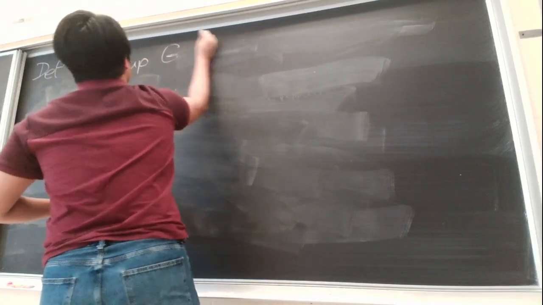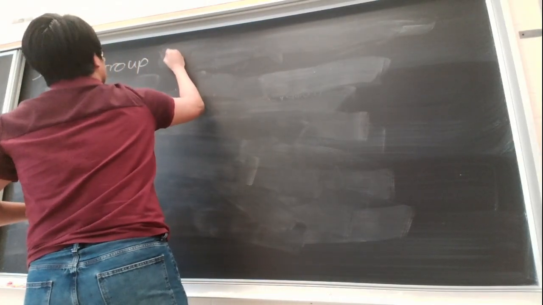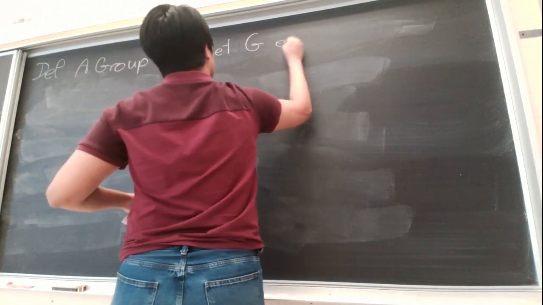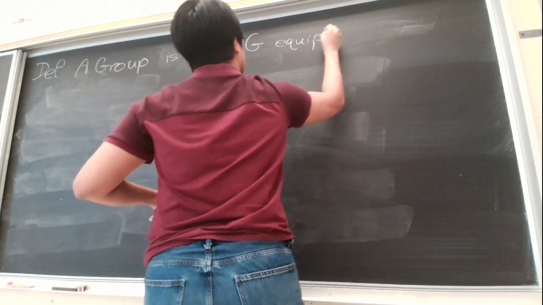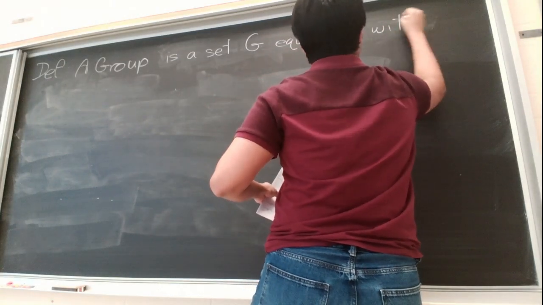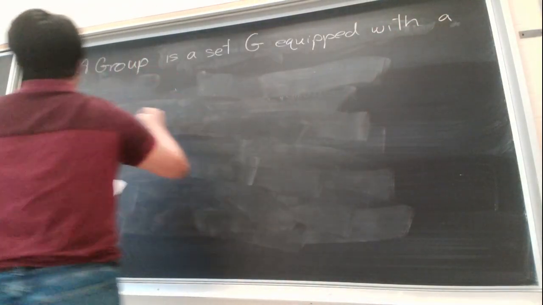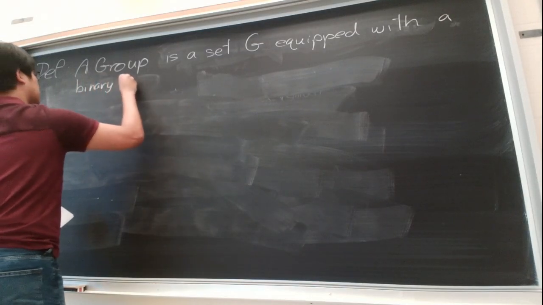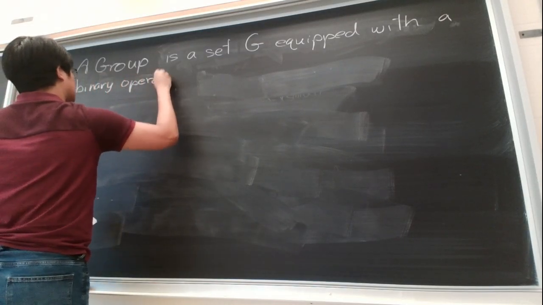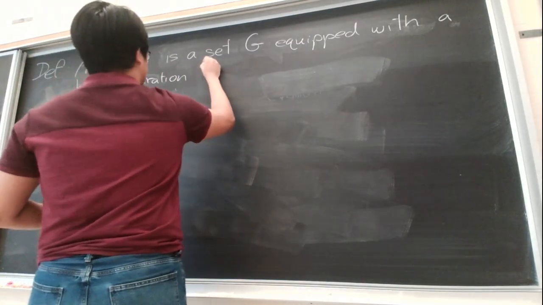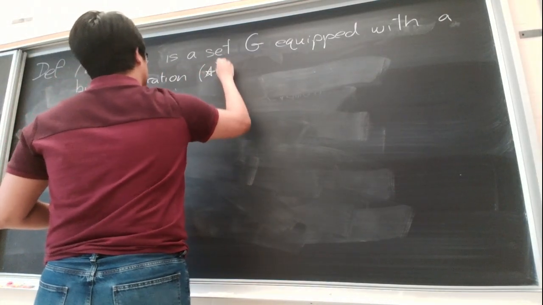A group, my bad, is a set G equipped with a binary operation. Let's call it star for now.